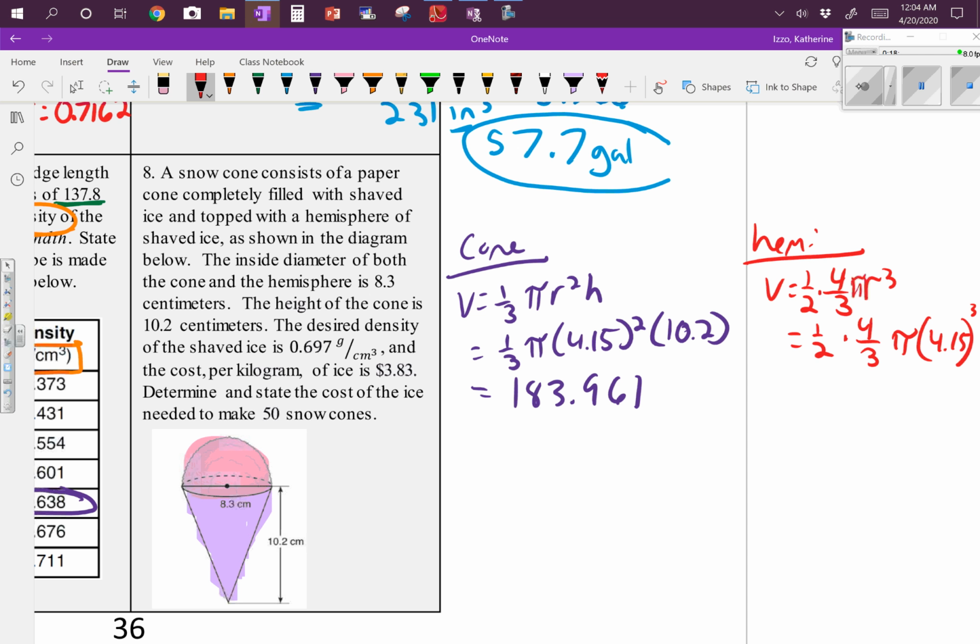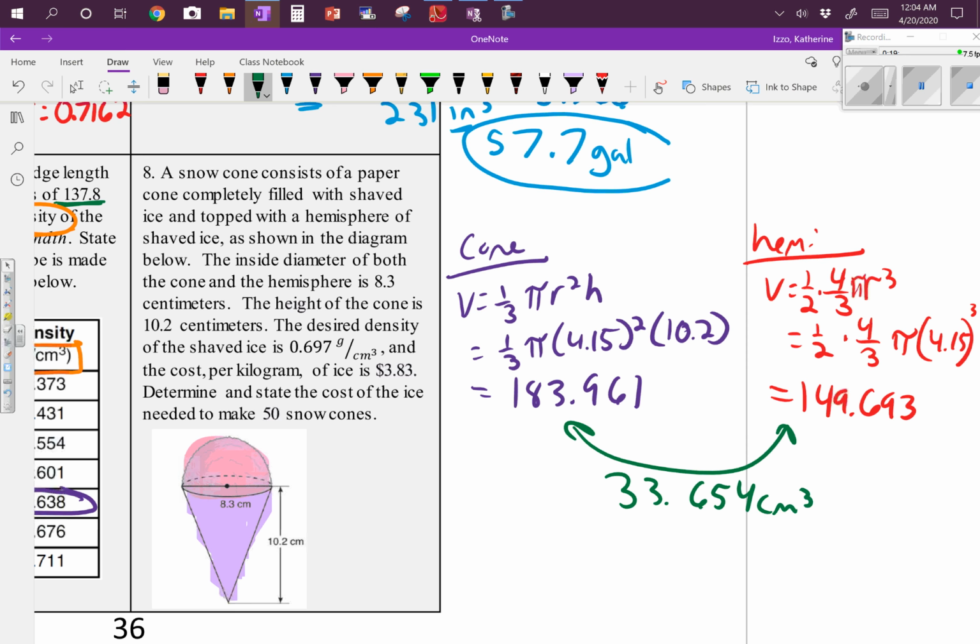If you wanted the full sphere, that would be 299. When we get the hemisphere, that's going to be 149.693. So we take the purple and the pink, and we add those together to make the whole thing. The whole thing between those is going to be 333.654, and that's in centimeters cubed.